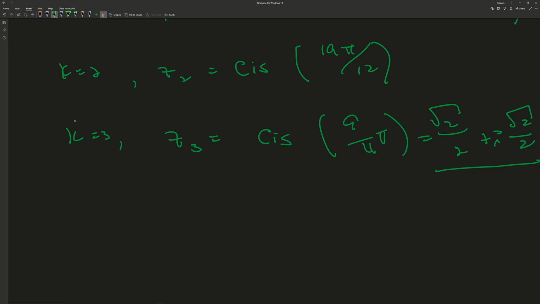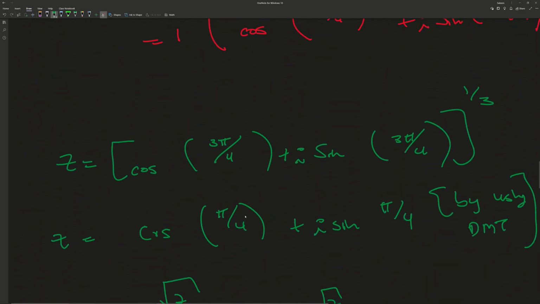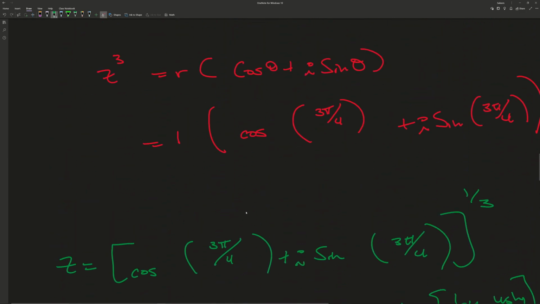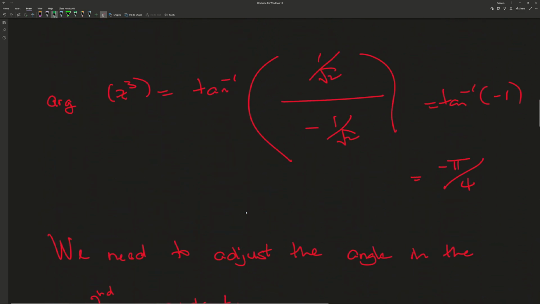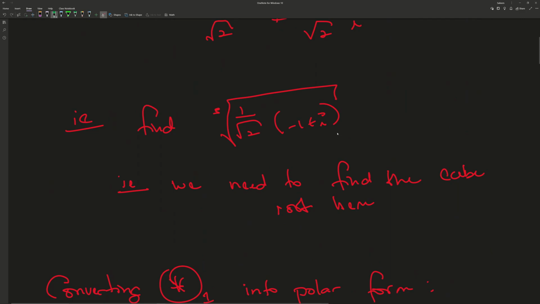So if we were asked, well, how many roots are there for this question here? I had it in the form of, when I wrote it in this form here at the beginning. How many roots are there for this?